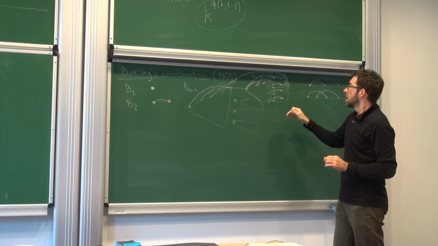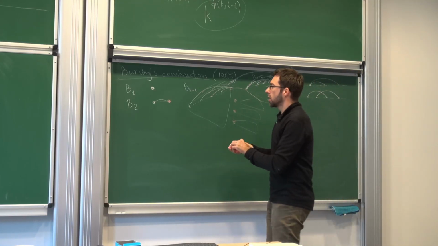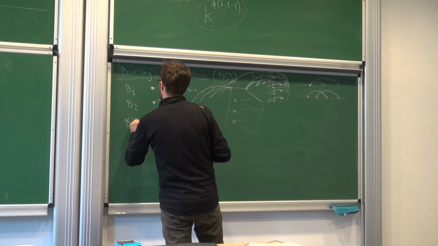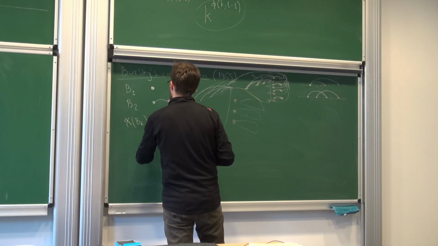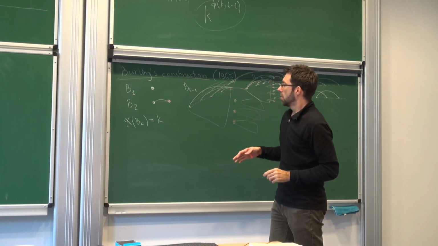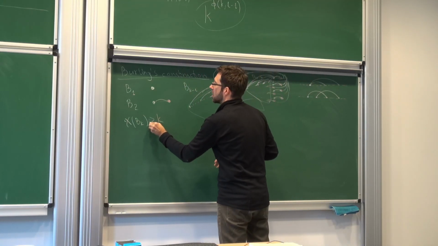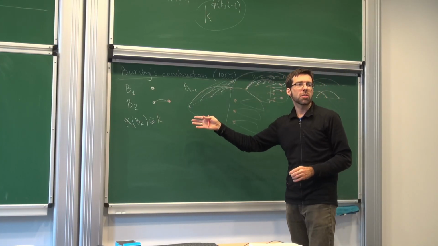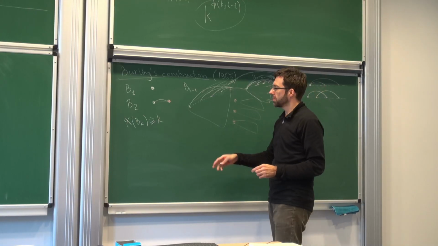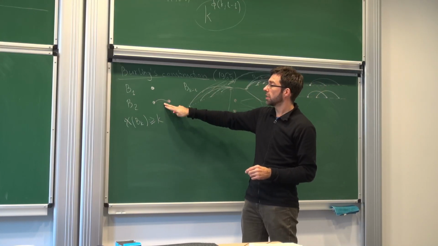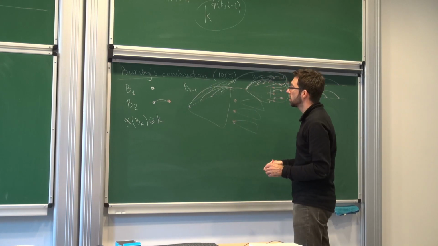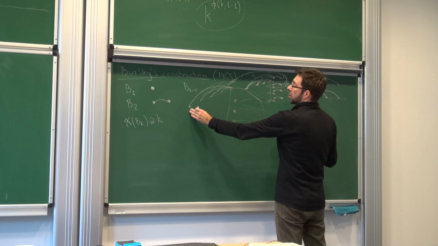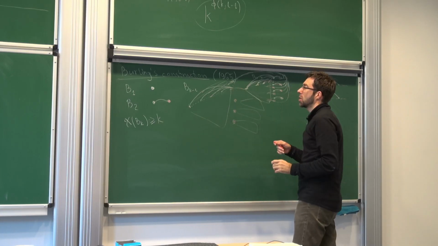Okay? And now I want to claim that the chromatic number of B_k is equal to k. Actually, I will just prove that it is at least k, but it's easy to see that we can get a k coloring from this construction. Okay, so here it is 1, here it is 2. The base cases are easy. So now let's assume that the chromatic number is k minus 1 here.